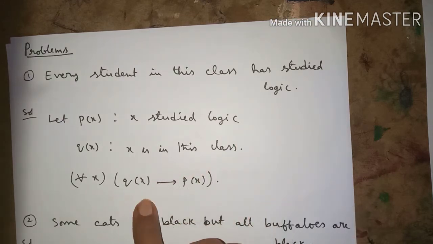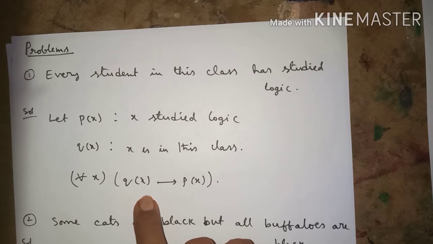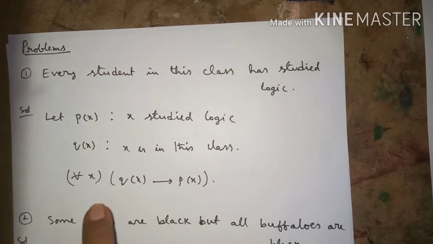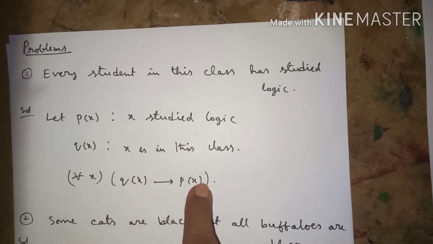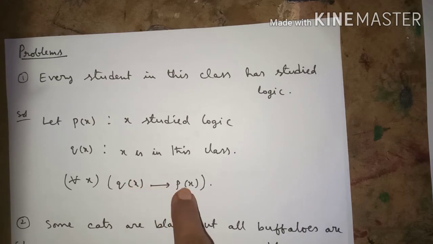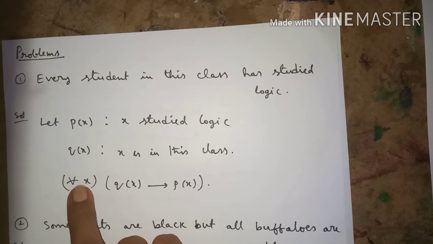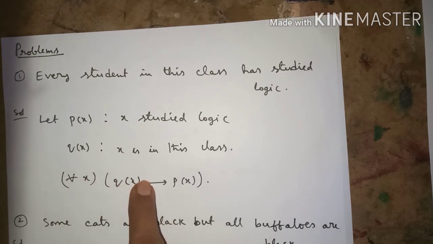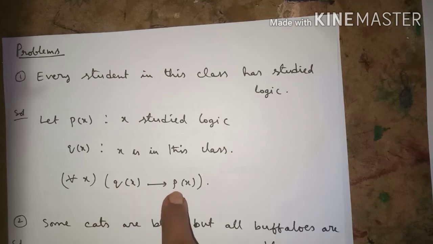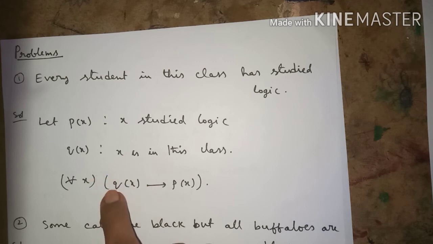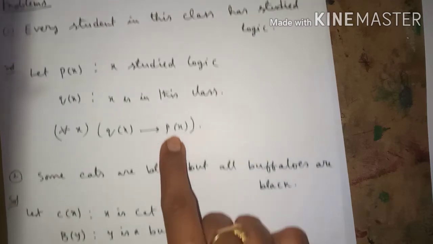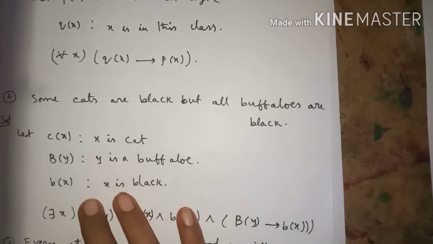Then we can symbolize using the universal quantifier: for every x, if Q of x, then P of x. That means for all x, if x is in this class, then he studied logic.